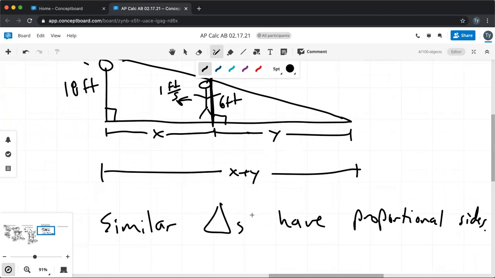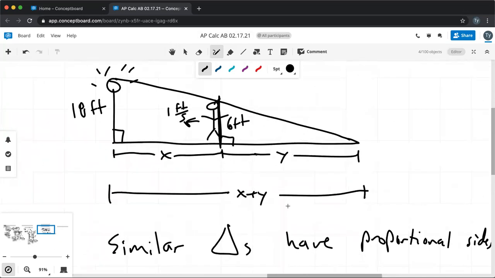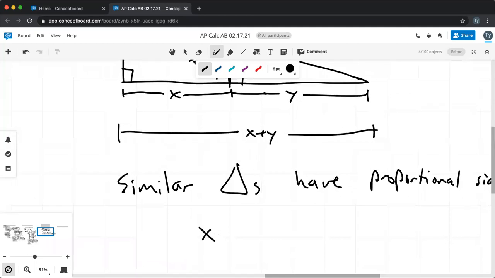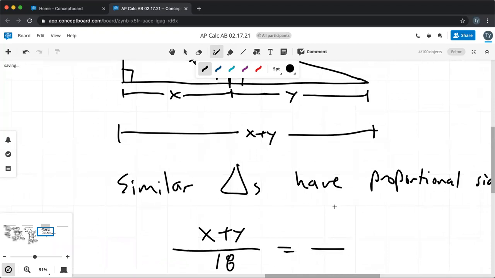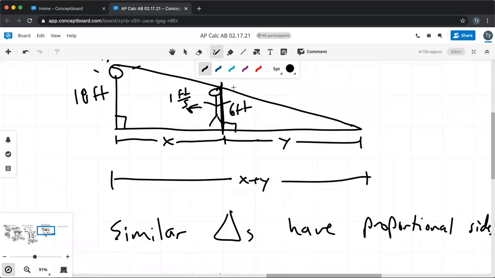All right, so we can set up a proportion of the side lengths of the little triangle and the bigger triangle. So the ratio, looking at the bigger triangle, would be X plus Y over 18. And if they're proportional, we can set it equal to the corresponding ratio.